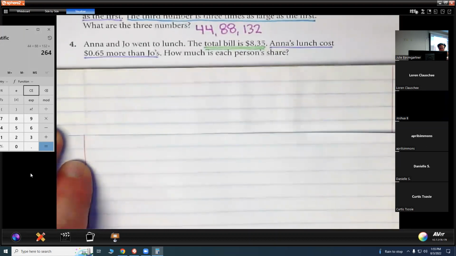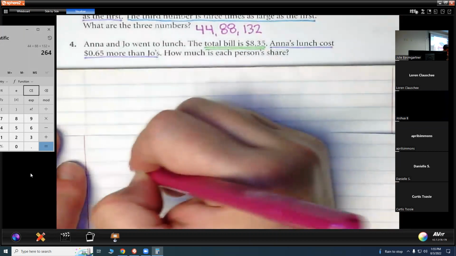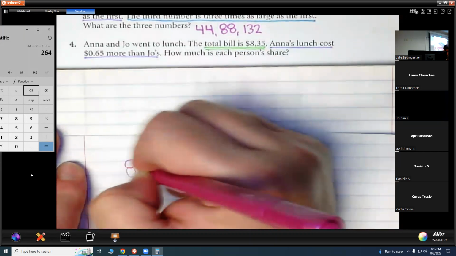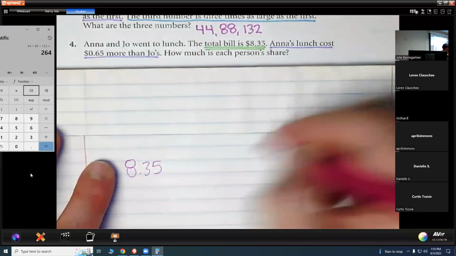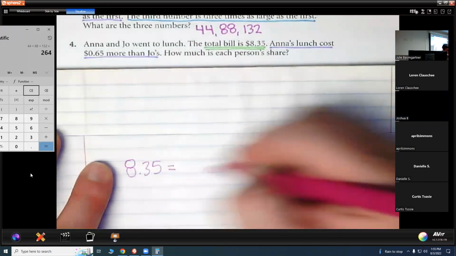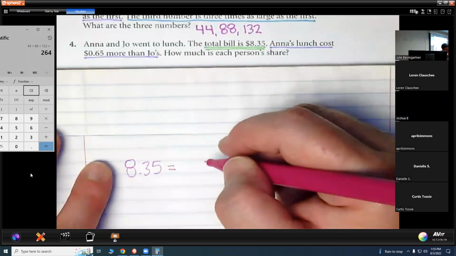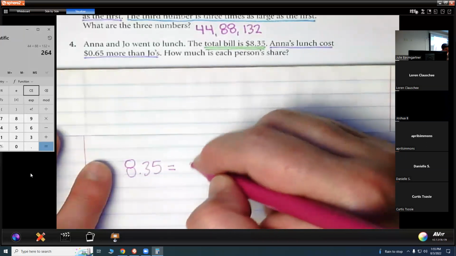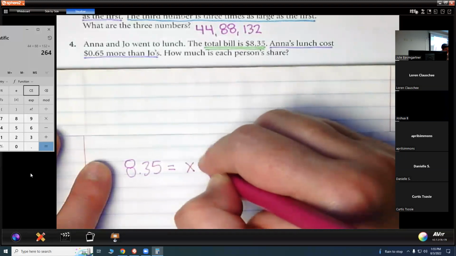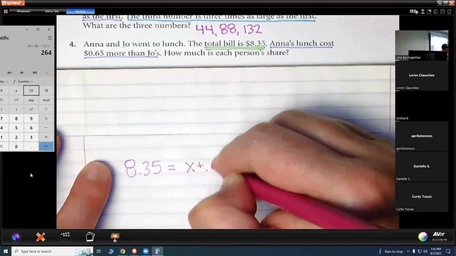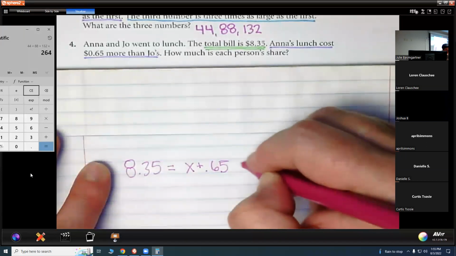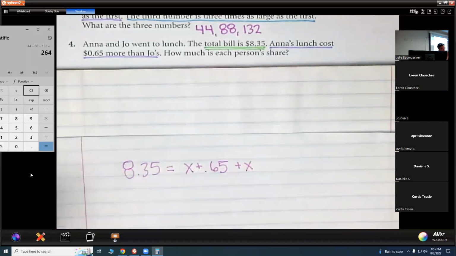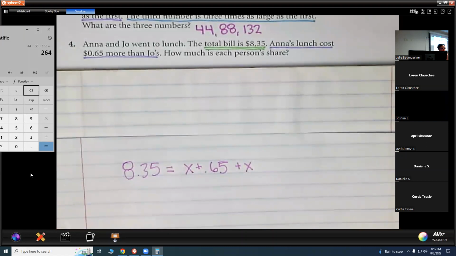Something like that. All right, so we know the total bill is $8.35. And we know that Anna's lunch costs 65 cents more than Joe's. So we have x plus 65 cents plus x. Does that make sense?